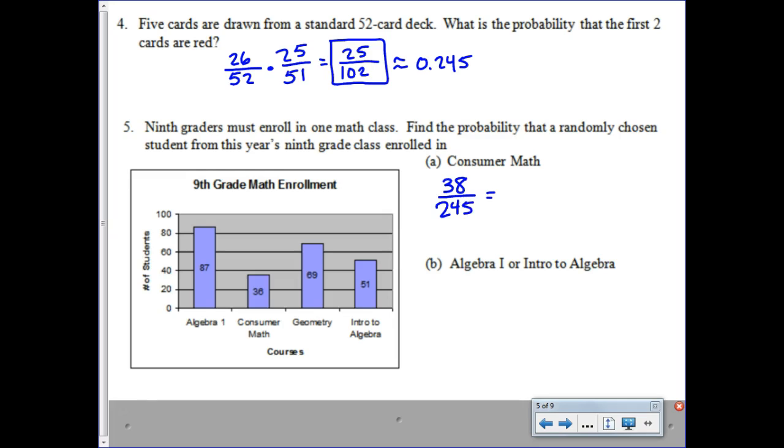So 38 out of 245 does not reduce, so approximately, if you wanted the decimal, would be 0.155.